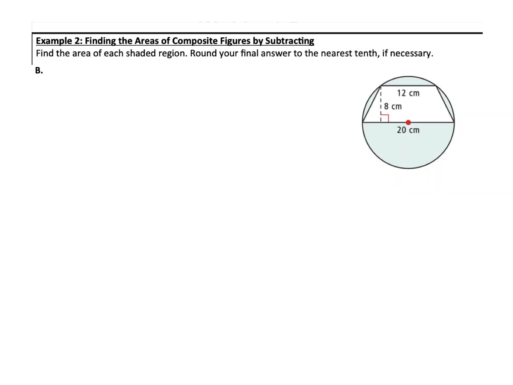In this next example, notice that the outer figure is a circle, and then there's a trapezoid that is cut out of the circle. So I'm going to begin by finding the area of the circle. And the area formula for a circle is area equals pi r squared. Notice that in this picture, the 20 centimeters right there is the diameter of the circle.